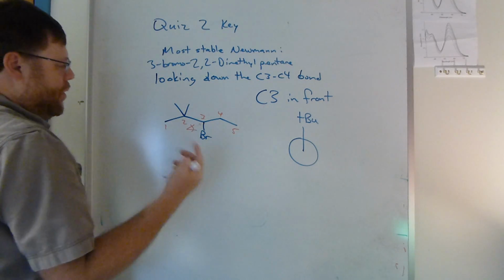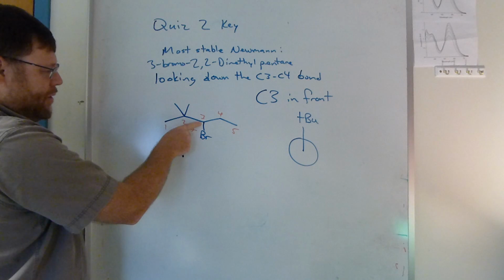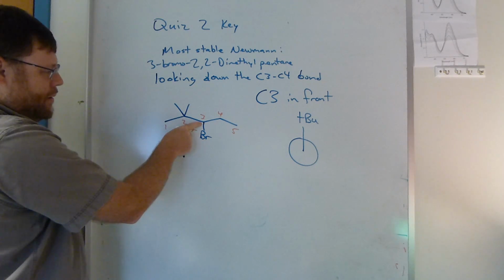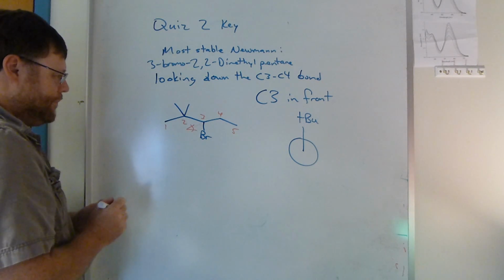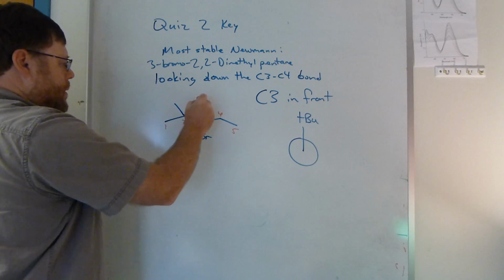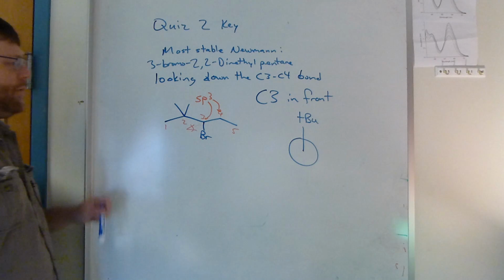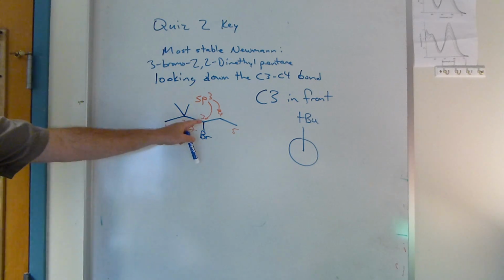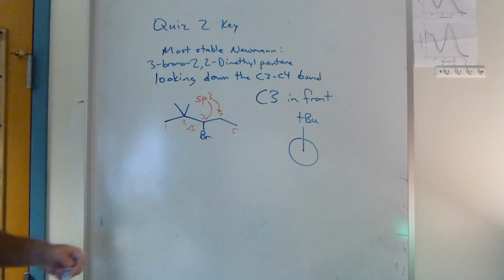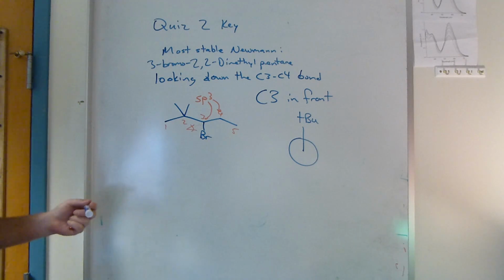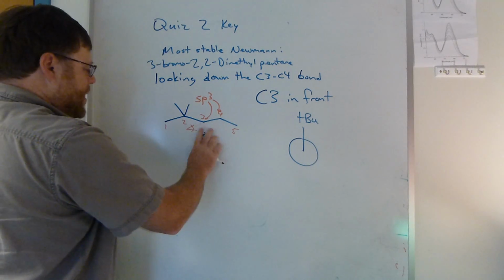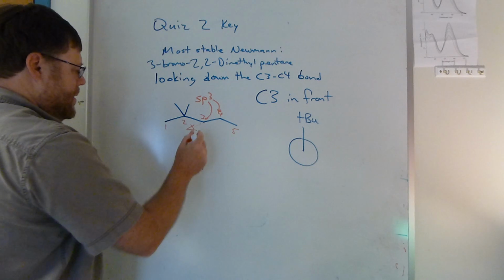But you've got to go back to fundamentals. What's the hybridization of carbon 3? Right? It's sp3. Carbon 4 is sp3 as well. That tells you that carbon 3, if it's sp3, has bond angles of 109.5. It's tetrahedral. So this bromine is not really like that.